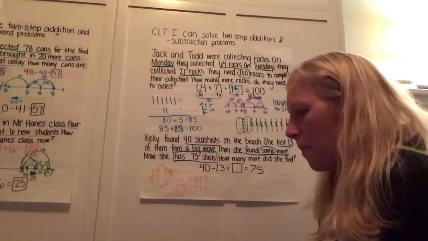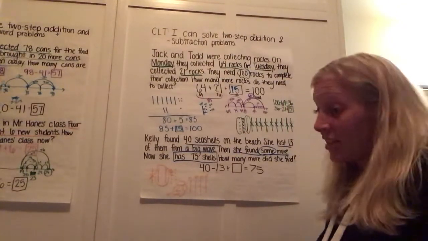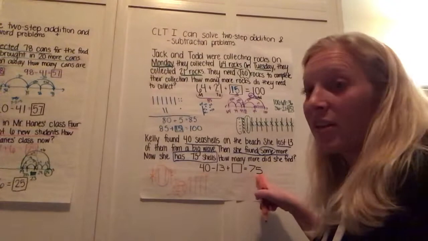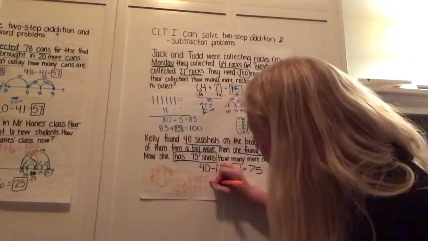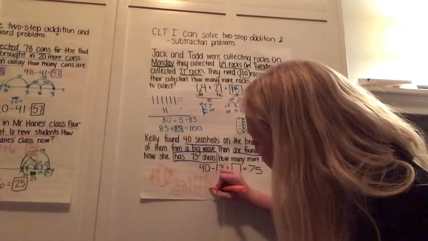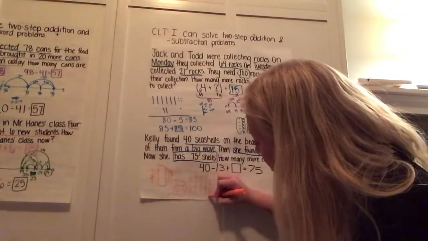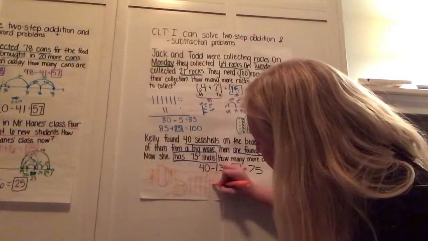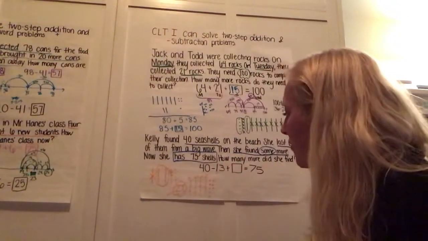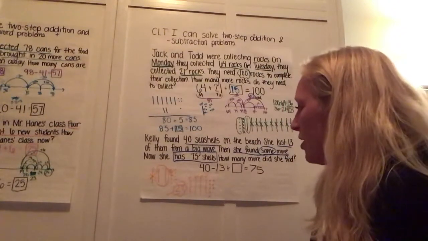Did you draw another 10? Why not? Would have been 77. That's more than 75, right? So 67, 68, 69, 70, 71, 72, 73, 74, 75. So how many did you add?